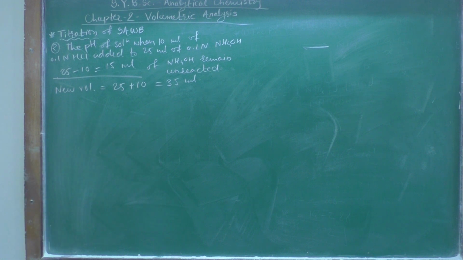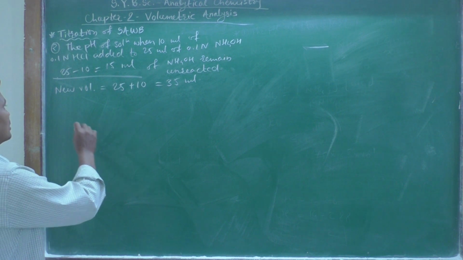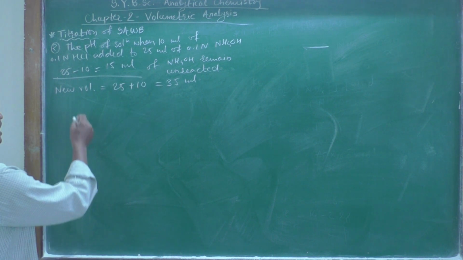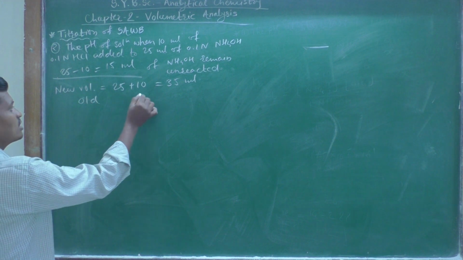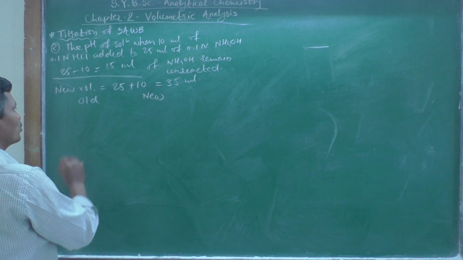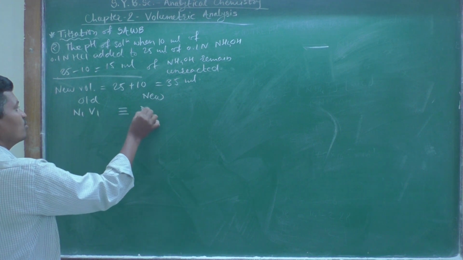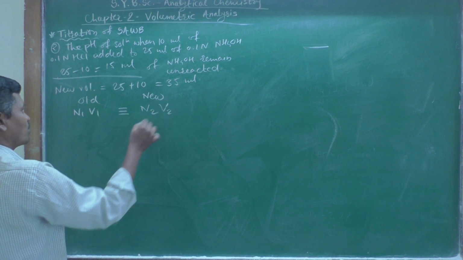This is the new volume, and due to this change in volume there is a change in concentration also, because concentration and volume are inversely proportional to each other. So the new concentration of NH4OH will be calculated as N1V1 equals N2V2, where old is 1 and new is 2.